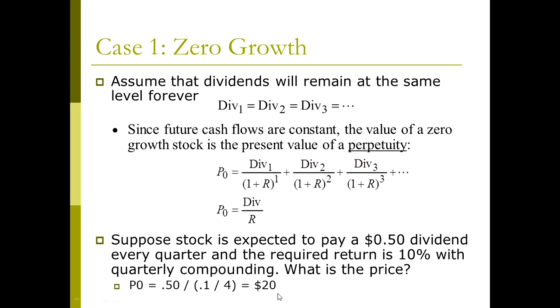That is the amount of money you're willing to pay for the stock. The zero growth case is actually our preferred stocks. For preferred stocks, you have fixed dividend payments. That is how you evaluate the price of preferred stocks.